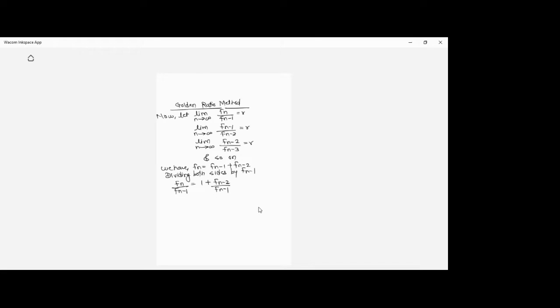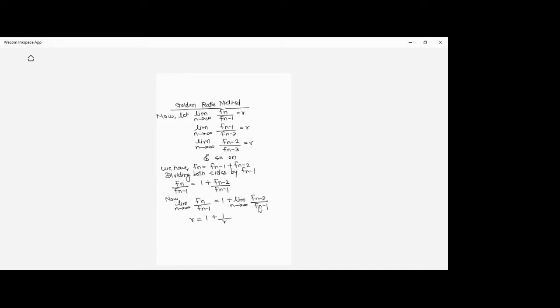Now we take the limits: limit n tends to infinity Fn upon Fn minus 1 is equal to 1 plus limit n tends to infinity Fn minus 2 upon Fn minus 1. The left side is nothing but r, here it is 1, and there it is nothing but 1 by r.